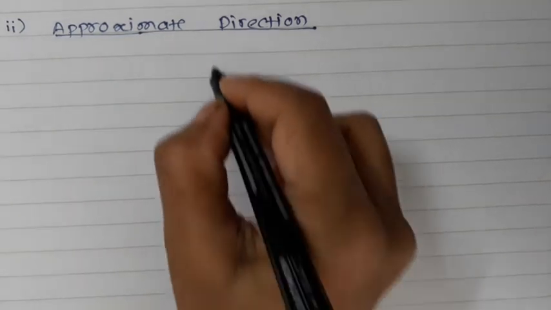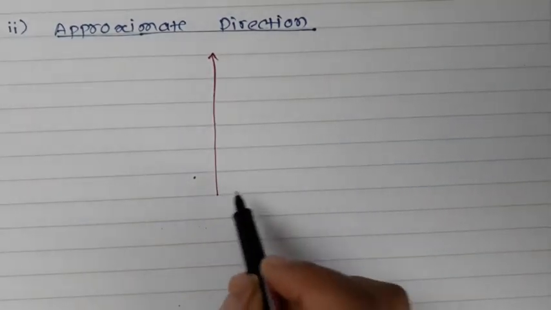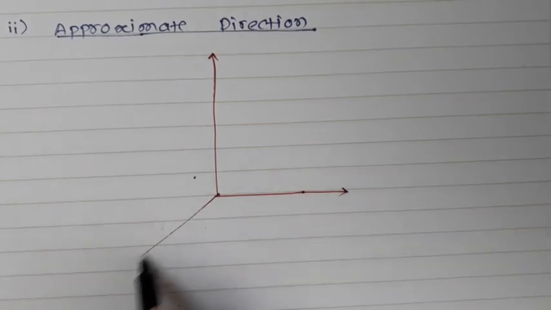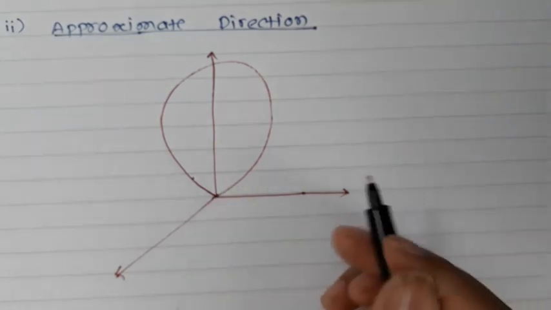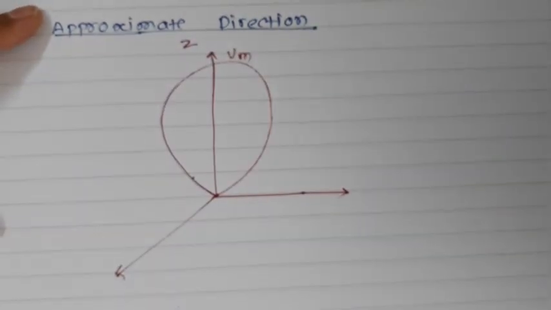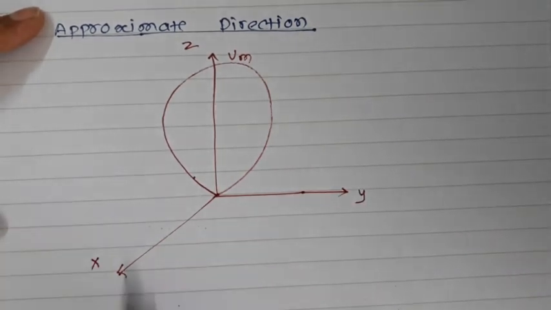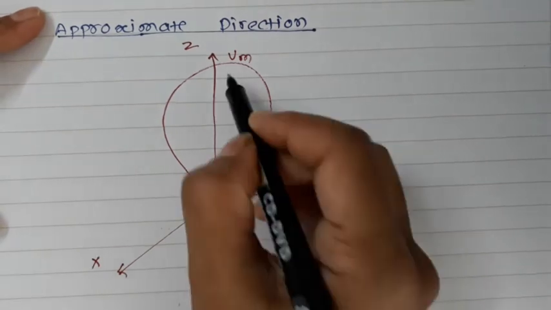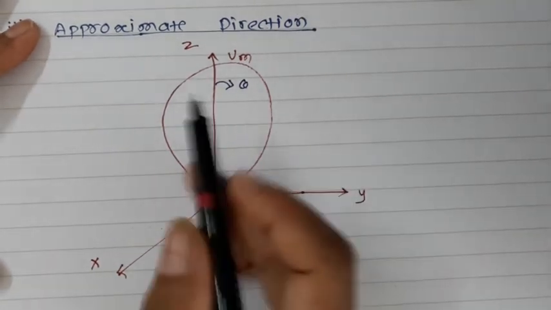If you plot the radiation pattern by putting in different values of theta, you will get the radiation pattern like this. Let us say this is the z coordinate, this is the y, and this will be the x coordinate. Here this is theta, and you are coming down.